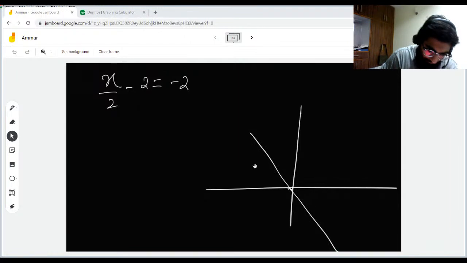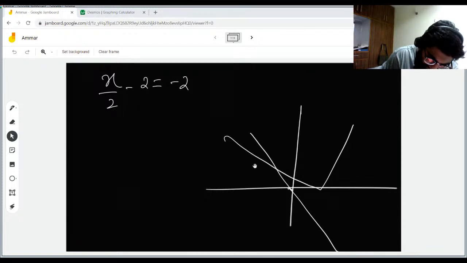If I solve it for the positive value of x, I'd be getting the answer in this region. So it would give me an intersection point over here, which can't be my solution because I'm dealing with positive x.